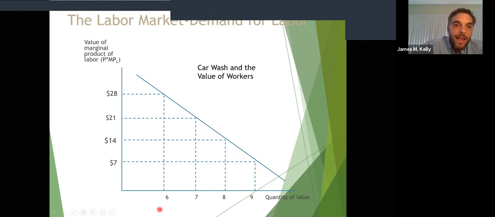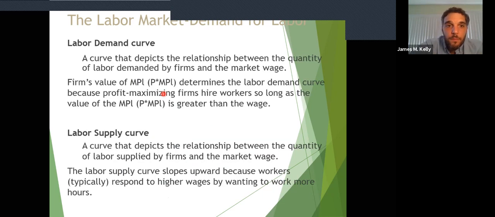Because if the wage rate is at $28, the car wash manager is going to be exactly indifferent between hiring that sixth worker or not. So what I'm saying is, so long as the value of the marginal product of labor is greater than the wage rate, the worker will be hired because it will create a positive profit for the firm. Okay? And so that's how we determine our labor demand curve.